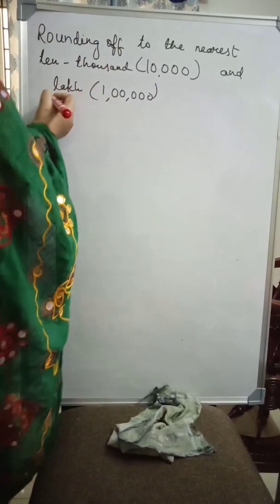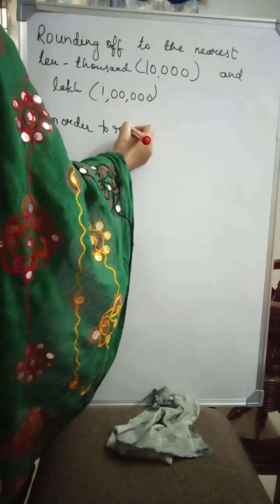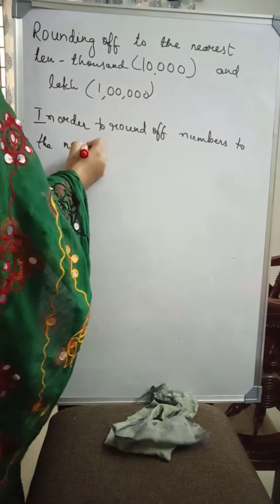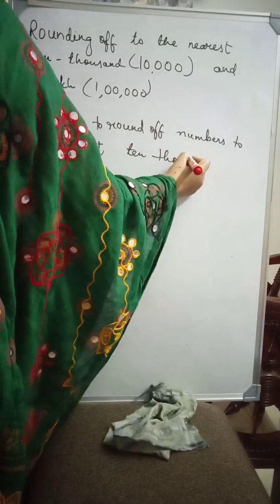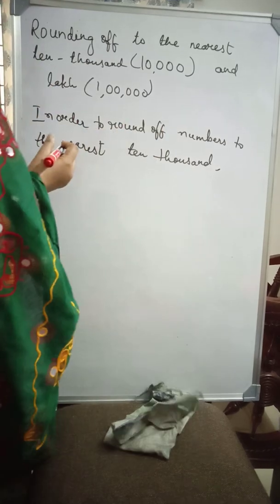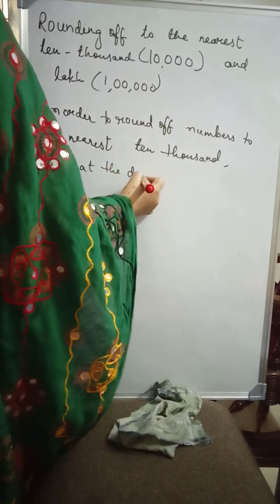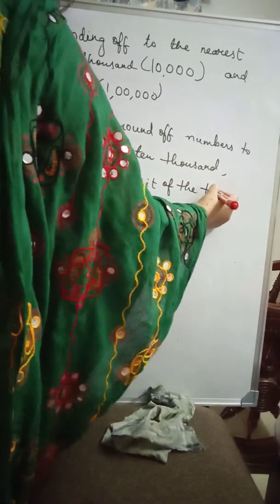Always remember, in order to round off numbers to the nearest 10,000, look at the digit of the thousand place.